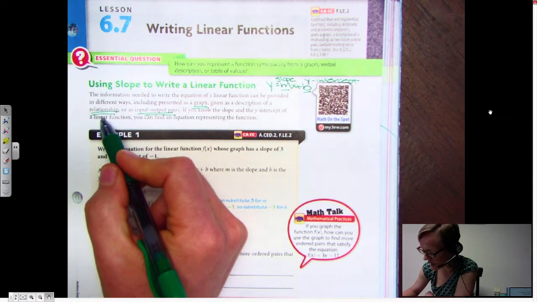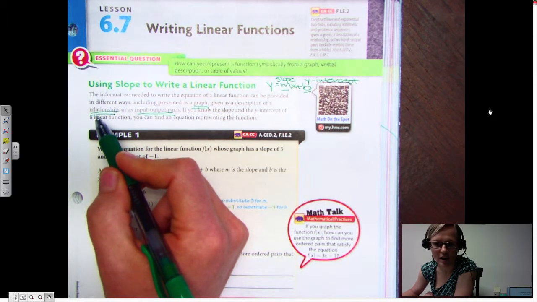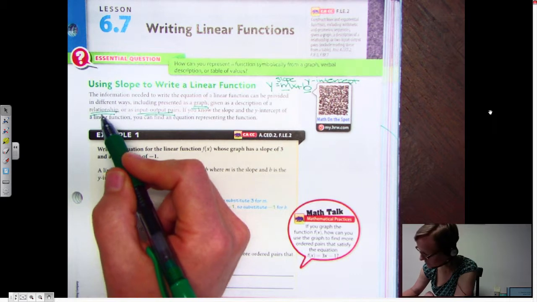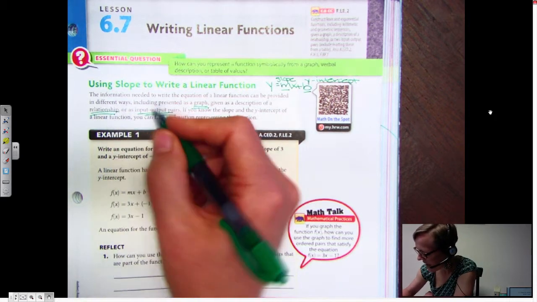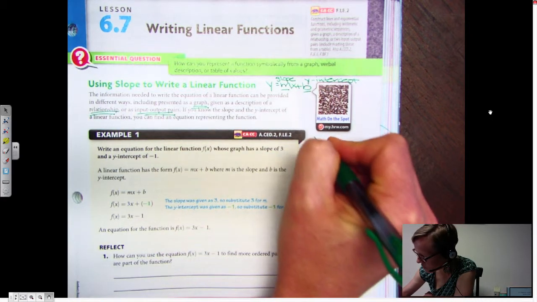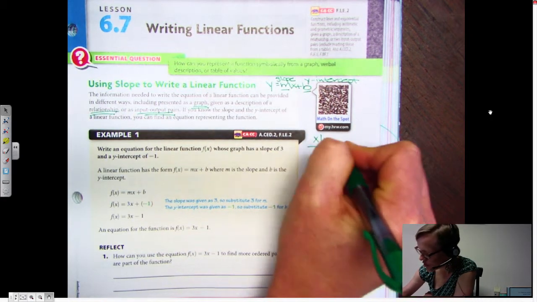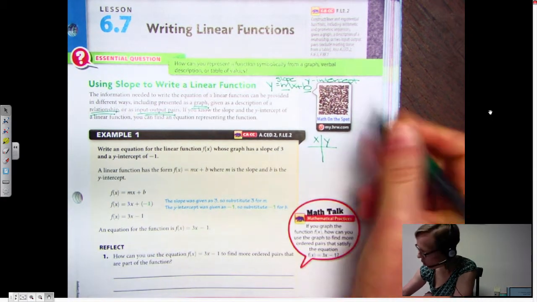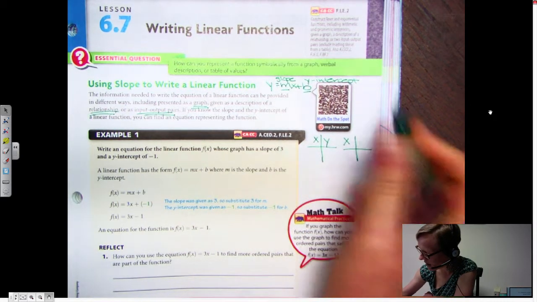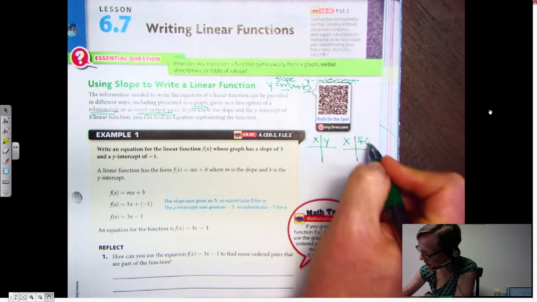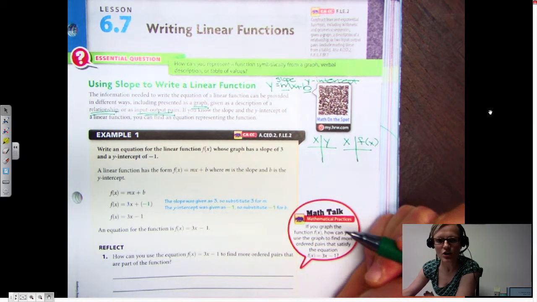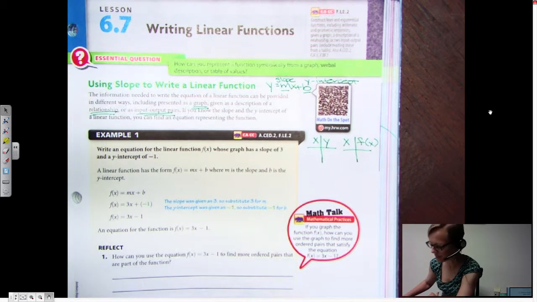A description of a relationship might just be a wording of a description, or it could possibly be a rule that they provide for you. And input-output pairs would be something like an XY chart like this, or we've been learning the different notation for it. So it might be an x and then an f of x, which is the same thing as the y output.